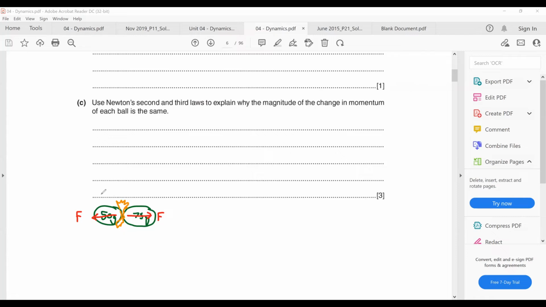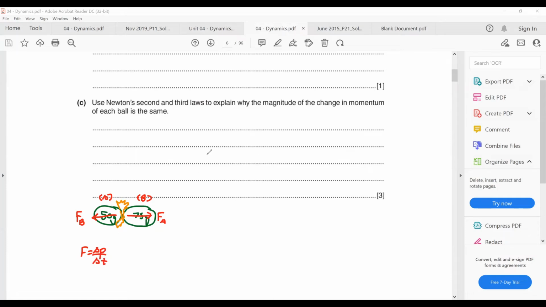Let's just say that this object is A, and this object is B. So I would say that force due to A is equal and opposite to force due to B. Then after that, you also know that force is equal to rate of change of momentum.